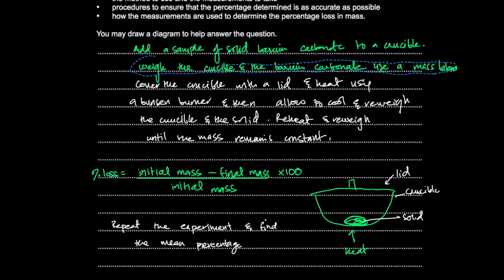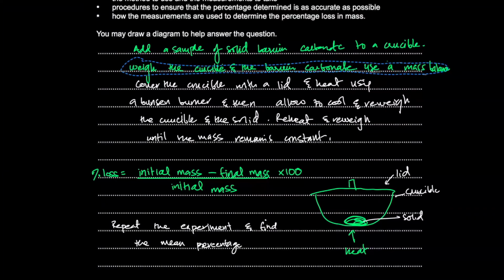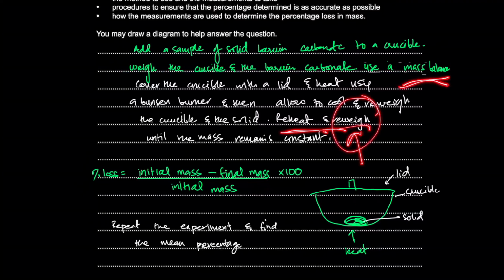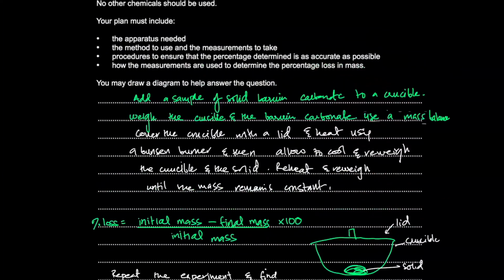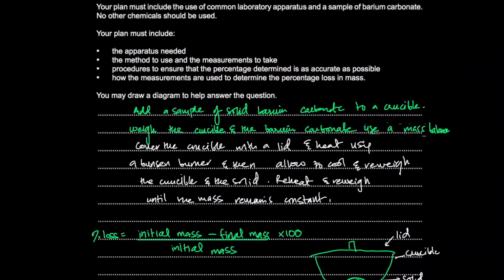You don't have to mention it again when you're talking about reweighing, because you've already mentioned the instrument. The question clearly said that all the apparatus and instruments should be mentioned. So that's how we do this.